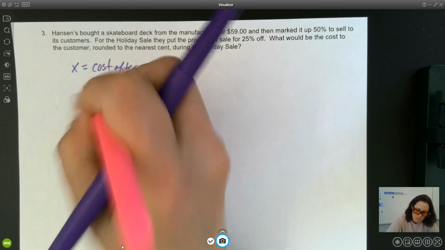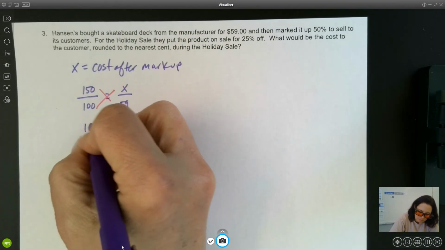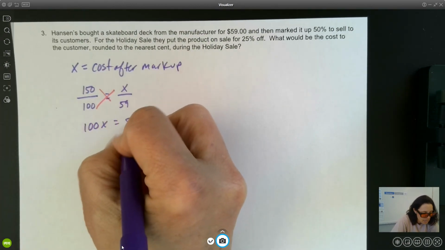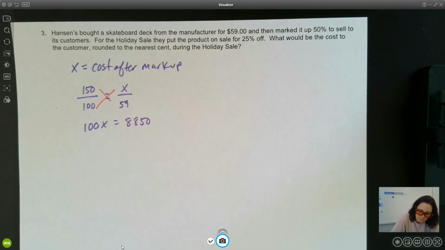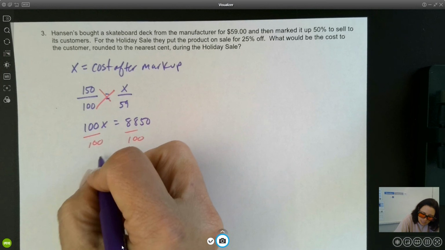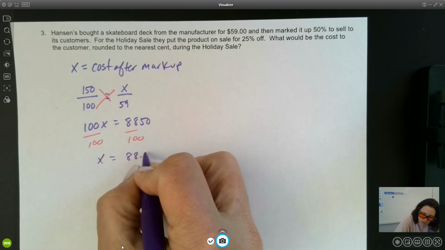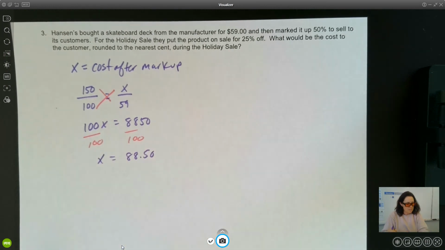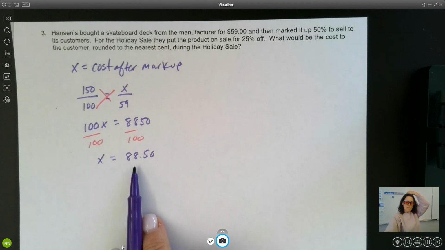So 100x equals 88.50. Divide by 100. X equals $88.50. Okay, so this is how much it would be when it's marked up, not on sale. This is how much Hanson's would sell it to us before they discount it for the holiday sale.